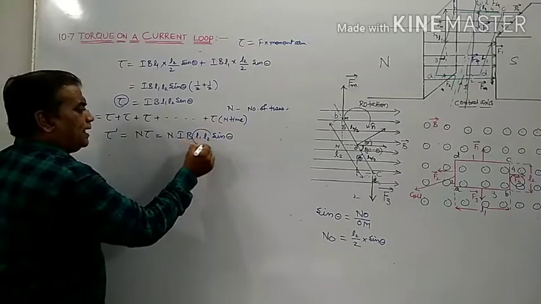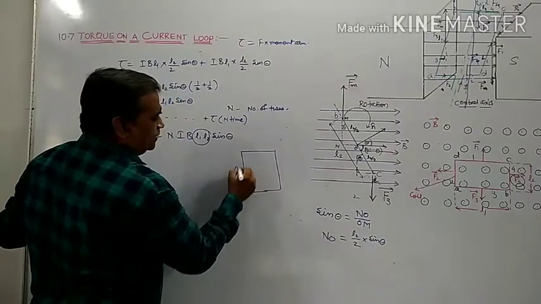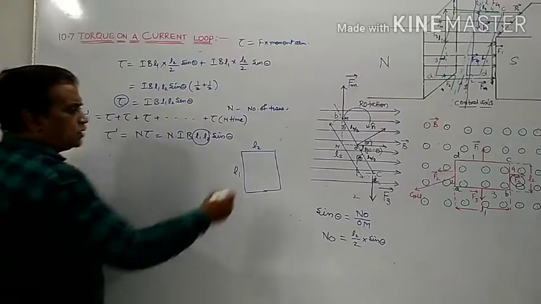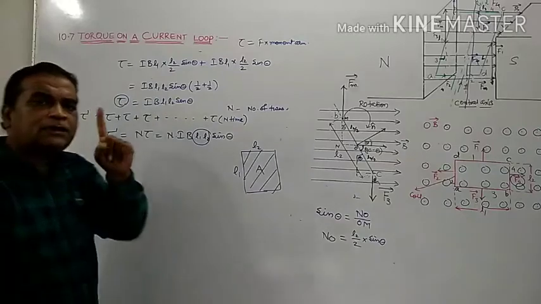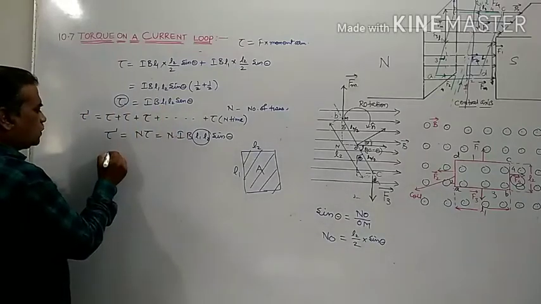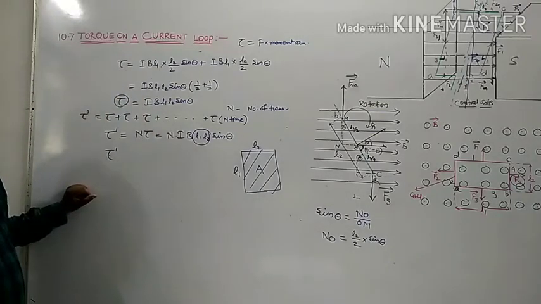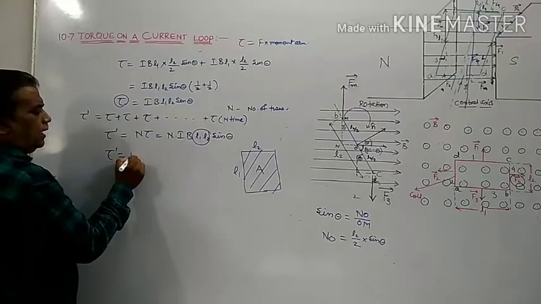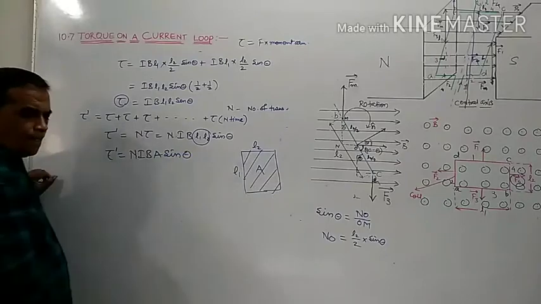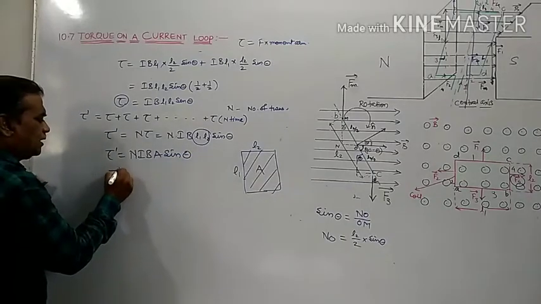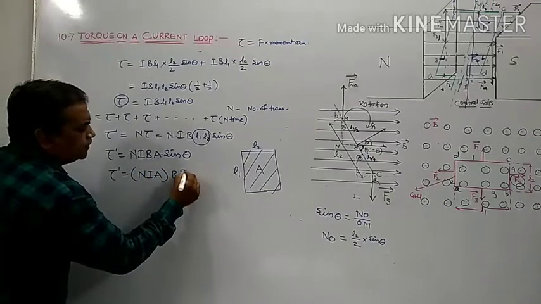But what is L1 into L2? This is a rectangular coil of length L1 and breadth L2, so L1 into L2 is nothing but the area of a single turn of the coil. So the torque acting on a flat coil having n turns is N I B A into sine of theta, or tau dash is equal to N I A into B sine of theta.